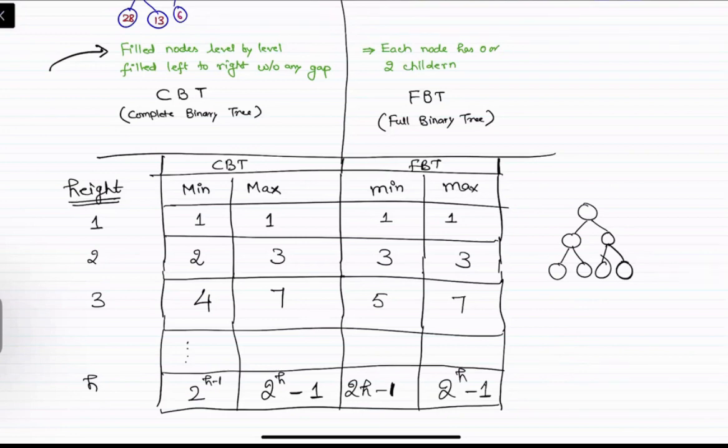So this formula doesn't work for height 1 max, right? Yeah, but in general, otherwise it will work. So 1 is an exception, just ignore for 1.